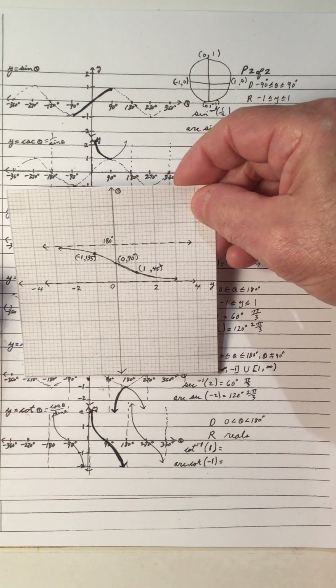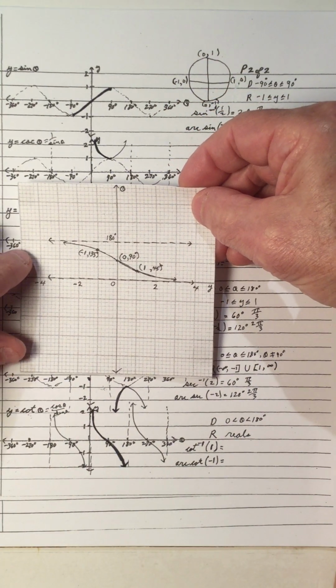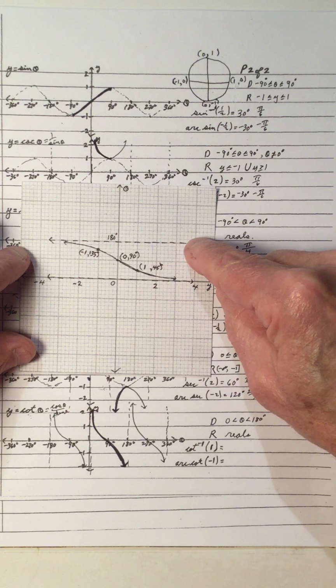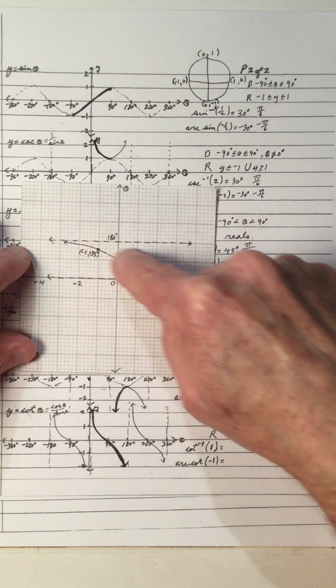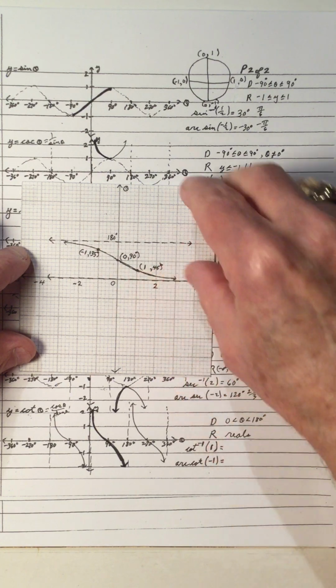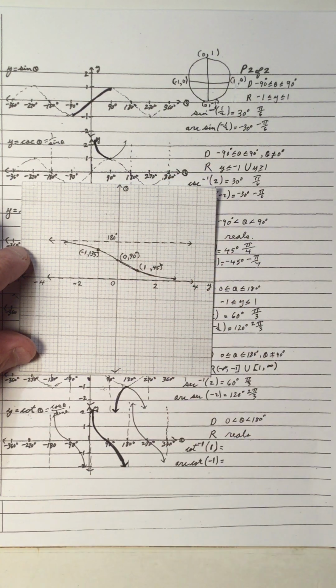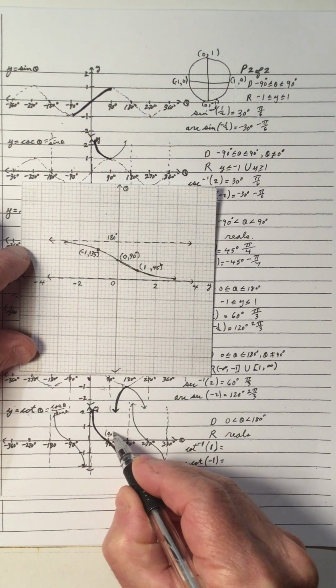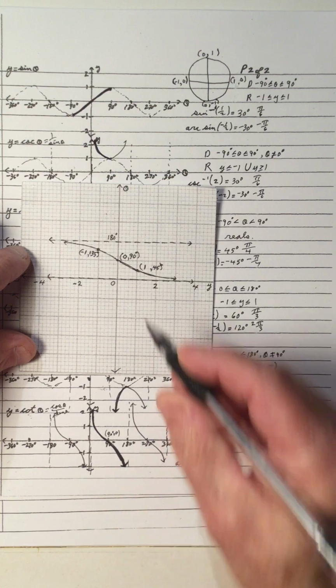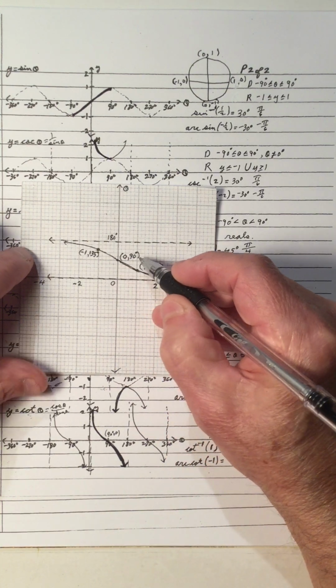There's the reflection. So there are horizontal asymptotes at 180 and at 0. I have some more numbers in, and this point here is 90 degrees and 0. So right here is 0 and 90 degrees.